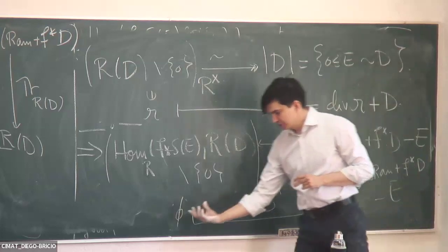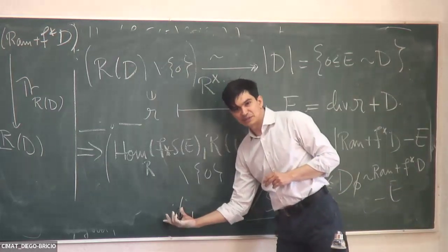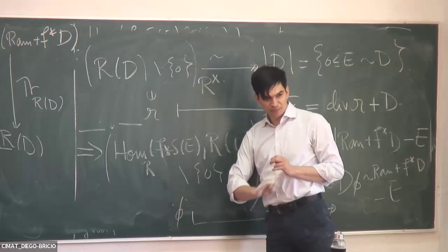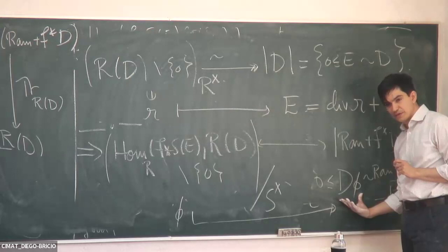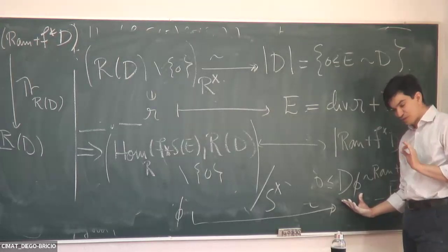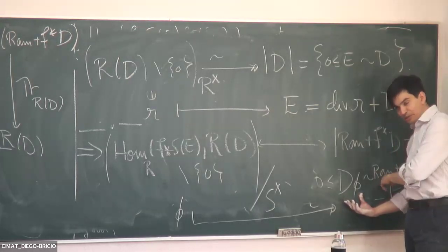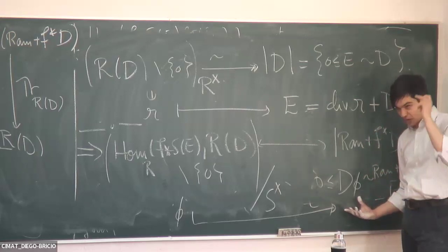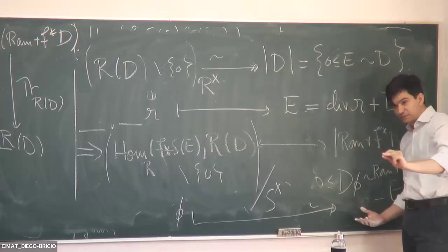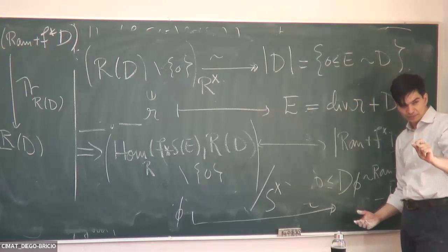So the important data of a map is recorded by this D_phi. This is what is conceptually rich, but for the bookkeeping, to do the math, we play with D_phi. What is D_phi? It's an effective divisor, linearly equivalent to this, but whatever it is, it's a divisor. You just have to remember a whole bunch of prime divisors with integers.